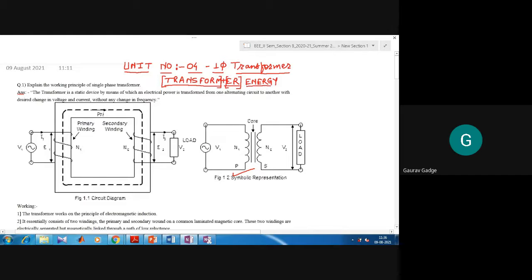So we can say that this is an electrical device. Here the definition is given.